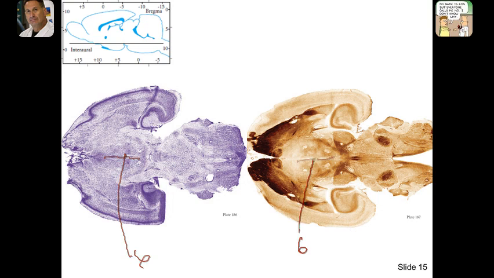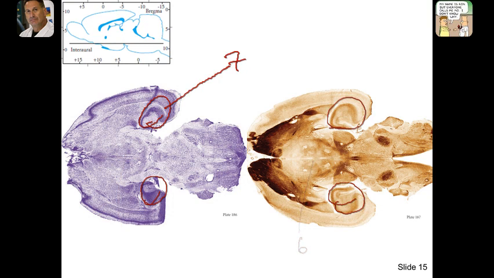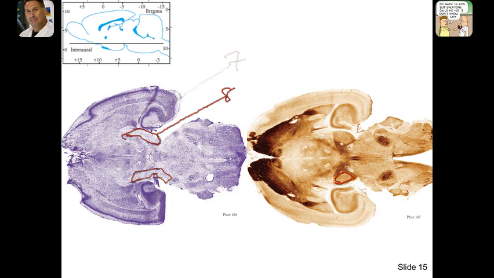We have the hippocampus. We have the cerebral peduncle. We have the optic tract, which is this here.